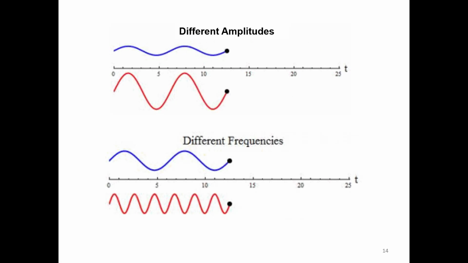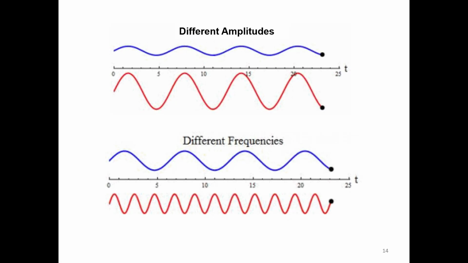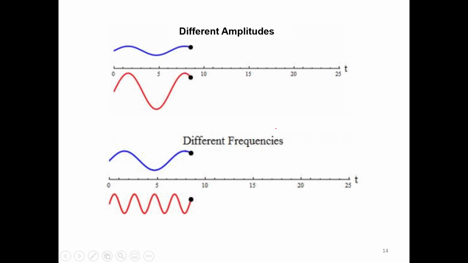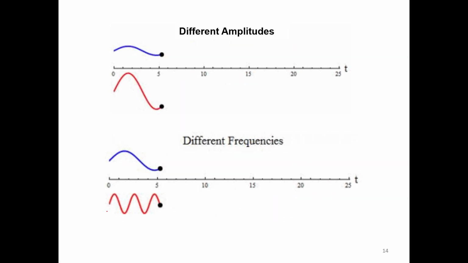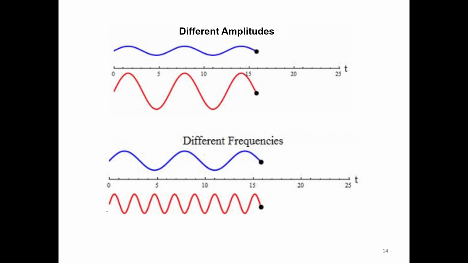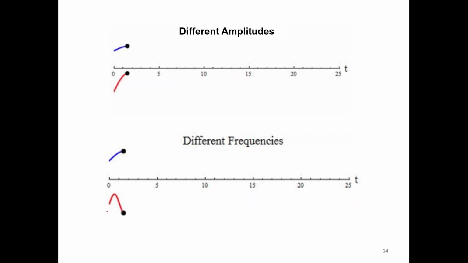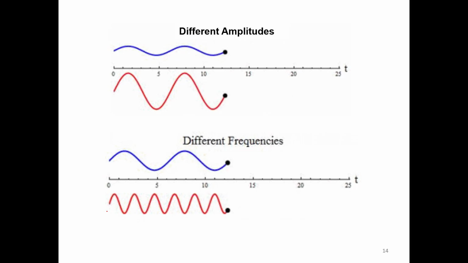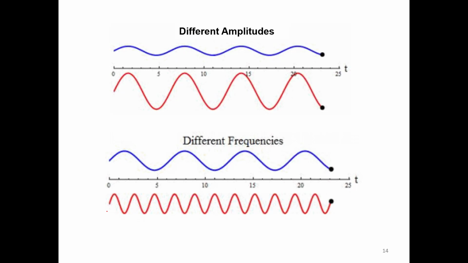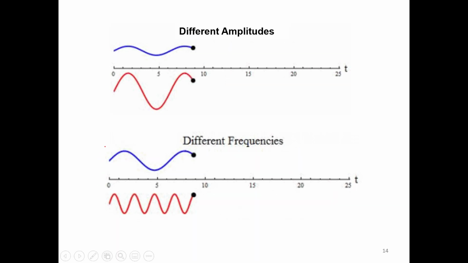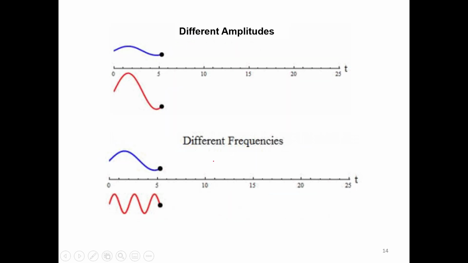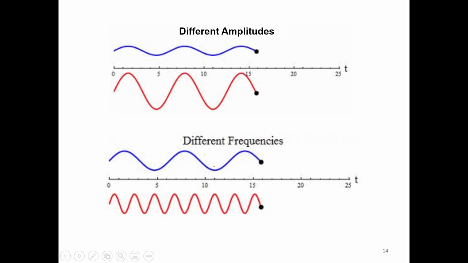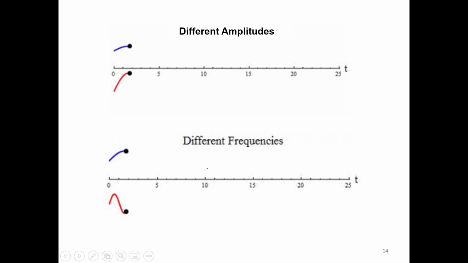In the second graph, we had two waves. They had the same amplitude, meaning the distance from the equilibrium positions are the same. However, the period and the frequency are different. Yes. The blue one has larger period and less frequency.